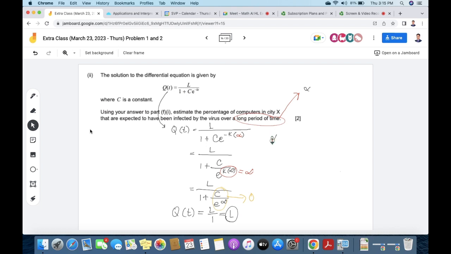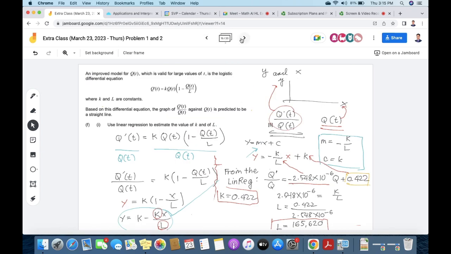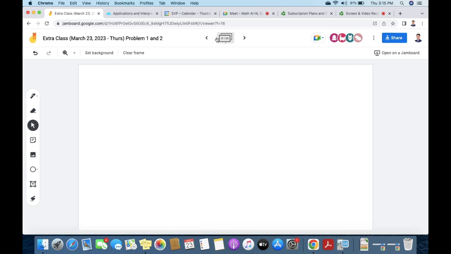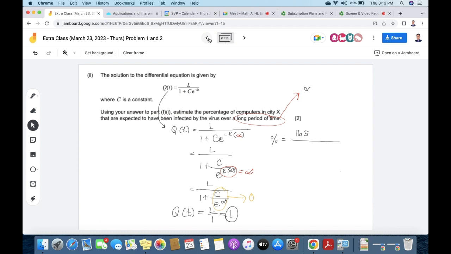To get the percentage, it will just be the L, by which we got the value of 165,620. These are the number of computers infected over the population of 2,600,000. So what percentage of the population are the number of computers infected, times 100%?